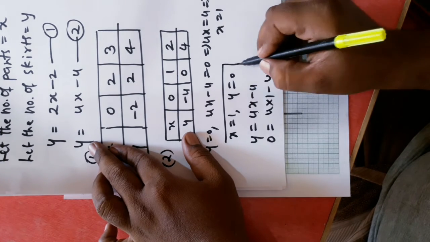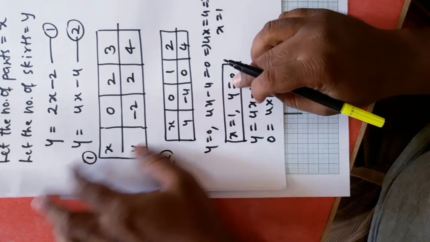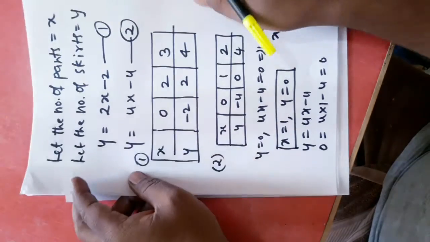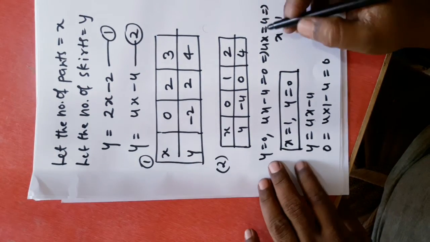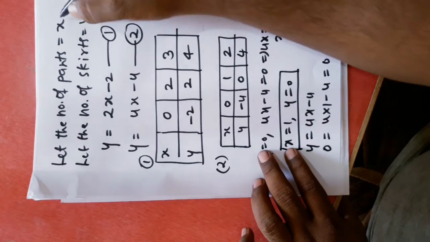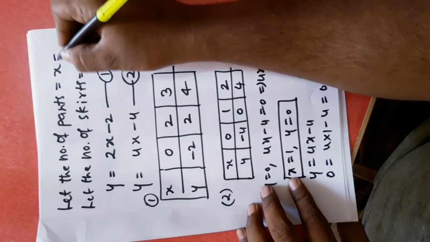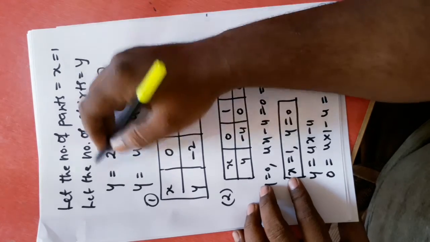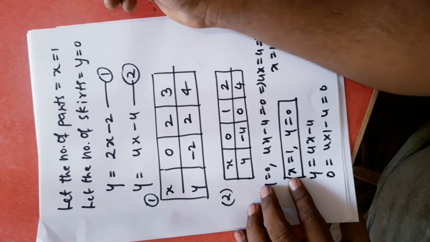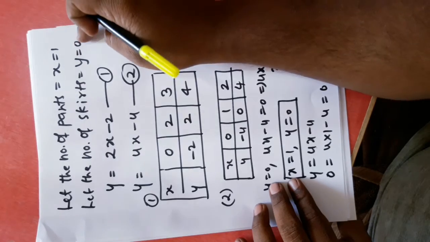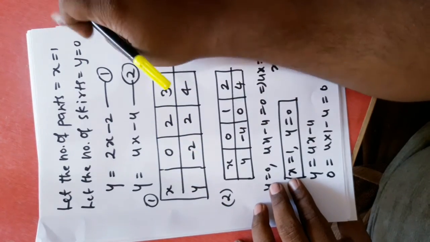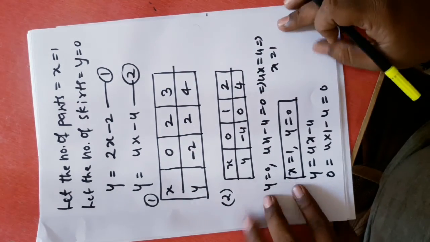Then this set of values is the unique solution for this given pair of equations. Therefore, we say that the number of pants she purchased will be 1, and how many skirts she purchased? 0. That means she did not purchase skirts, she purchased only 1 pant. Okay, this is the solution.